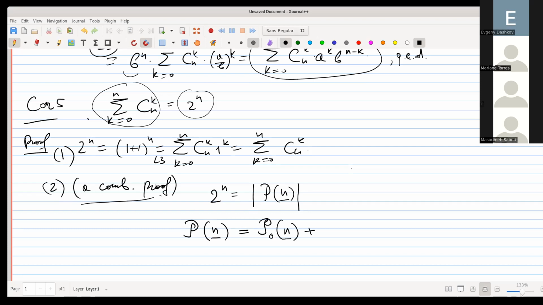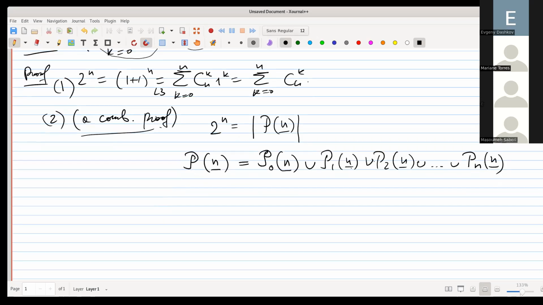Is it clear? One element, 2 elements, up to exactly n elements. Exactly.